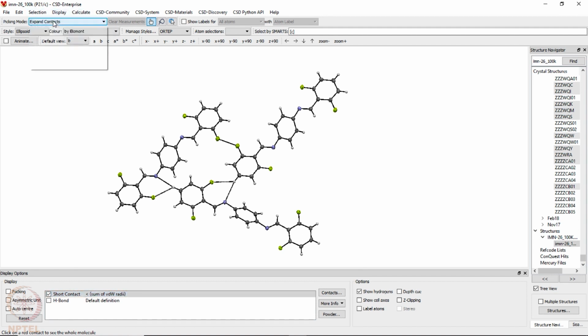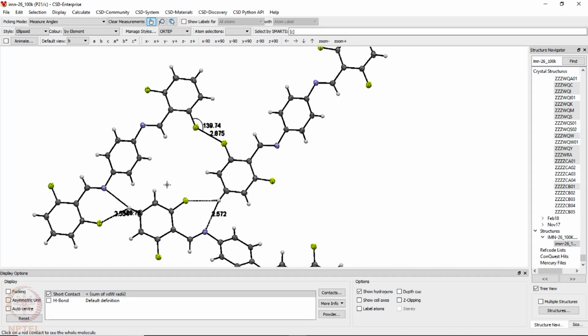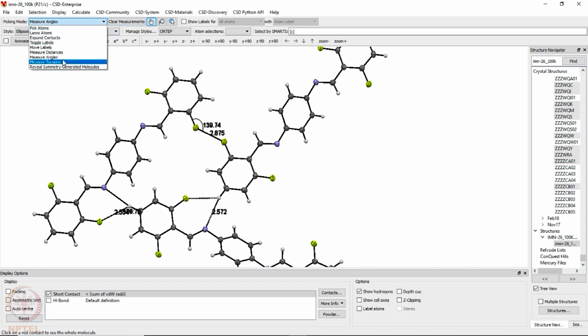So if someone wants to know the corresponding distances, they can calculate the distance from one atom to the other atom, and then one can calculate the angle. That is the distance, this is the angle.